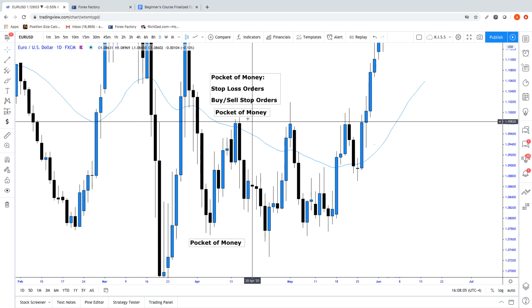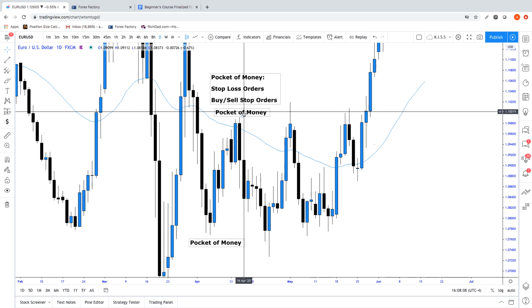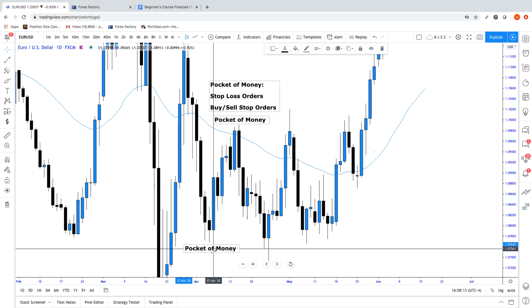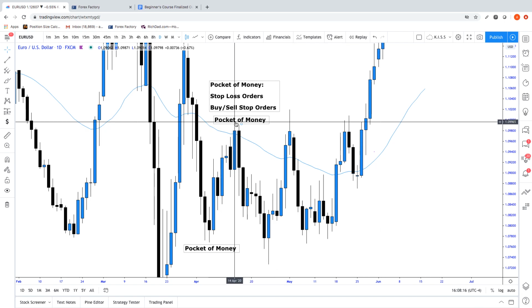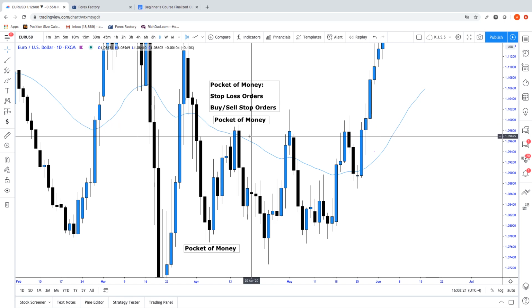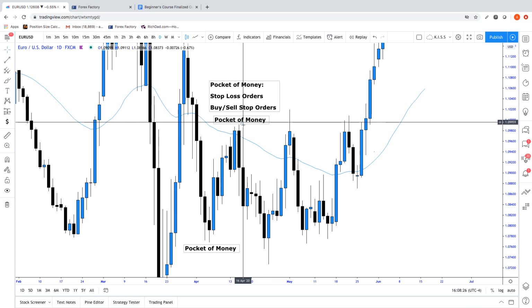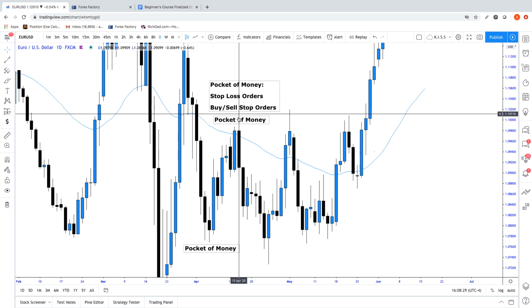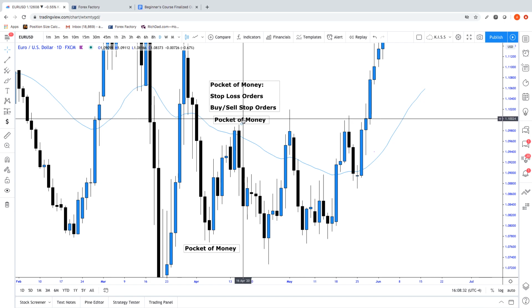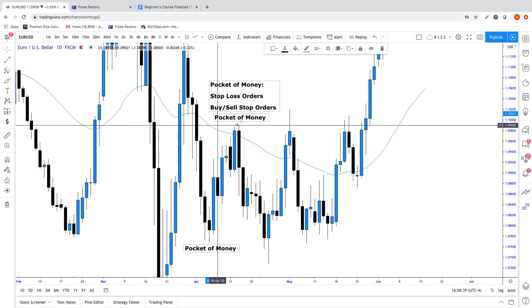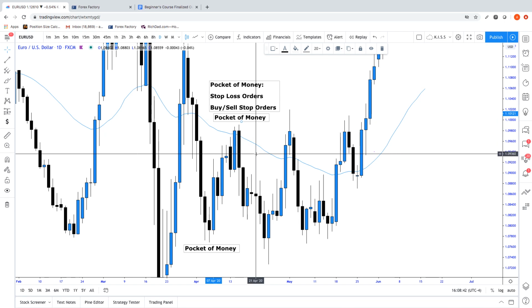Some people are breakout traders who will put a buy stop order. If you remember, in a prior video we discussed different types of orders. Above a high, people will place a buy stop order, where if price trades past the high, it triggers their buy stop order and automatically buys the asset for them. So above the high, there are stop losses and buy stops.